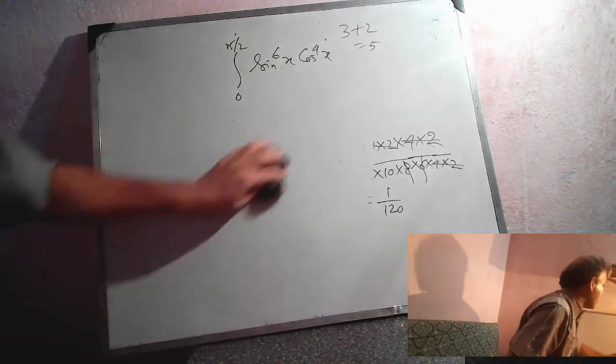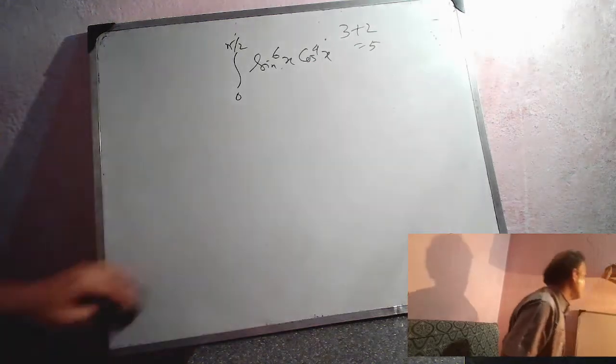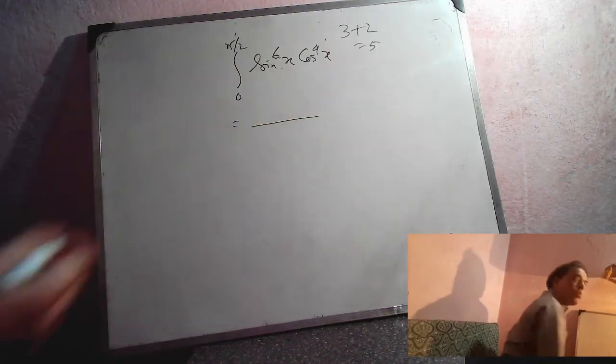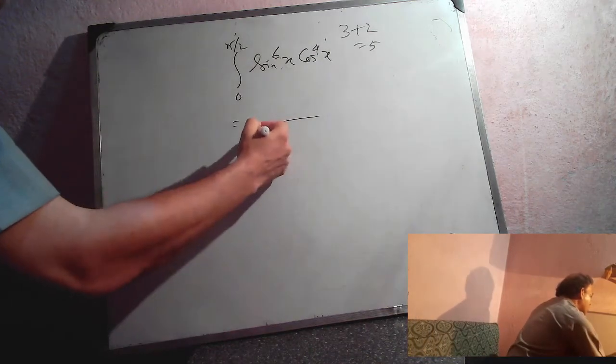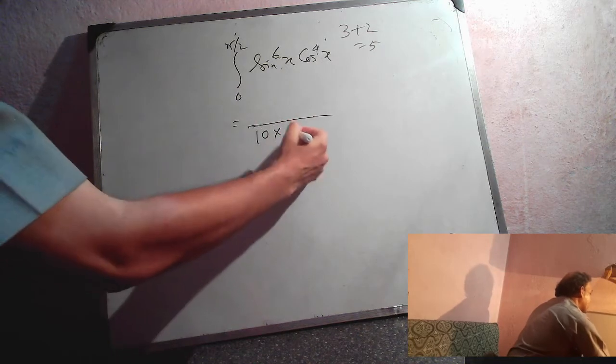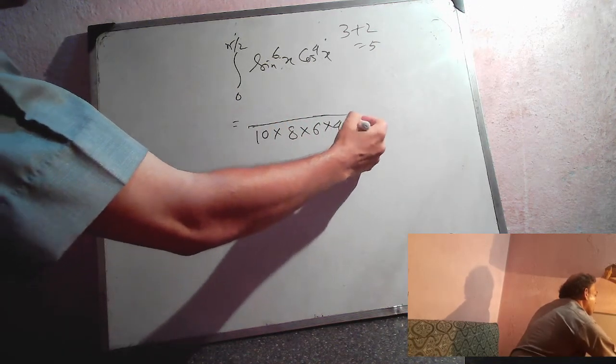In this case, same procedure, but at the end we have to multiply the result by pi by 2. Now 6 plus 4, 10. Start with 10, decrease by 2 units: 10 into 8 into 6 into 4 into 2.